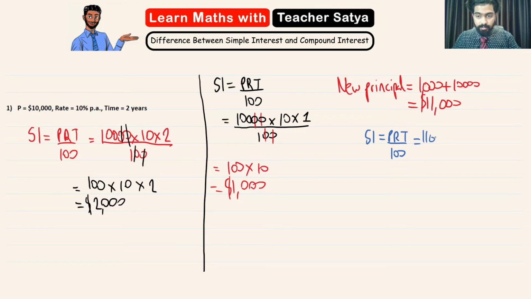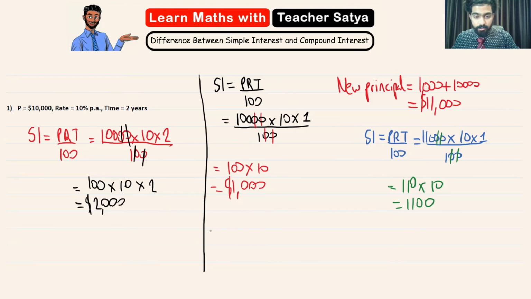So 11,000 multiplied by the rate, which is 10% per annum, multiplied by 1 year over 100, right guys? Now let's go ahead and cut these zeros. So what we have here is 110 multiplied by 10, which is 1100, right guys? So the simple interest, or the interest in the second year, is 1,100.